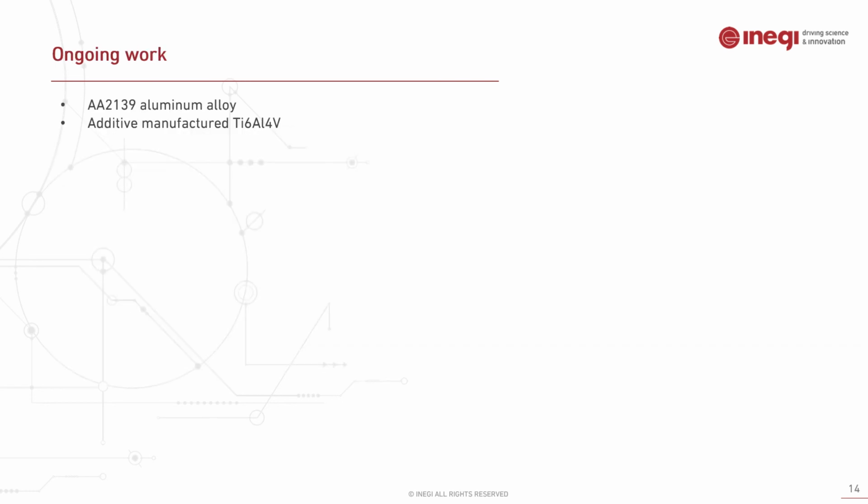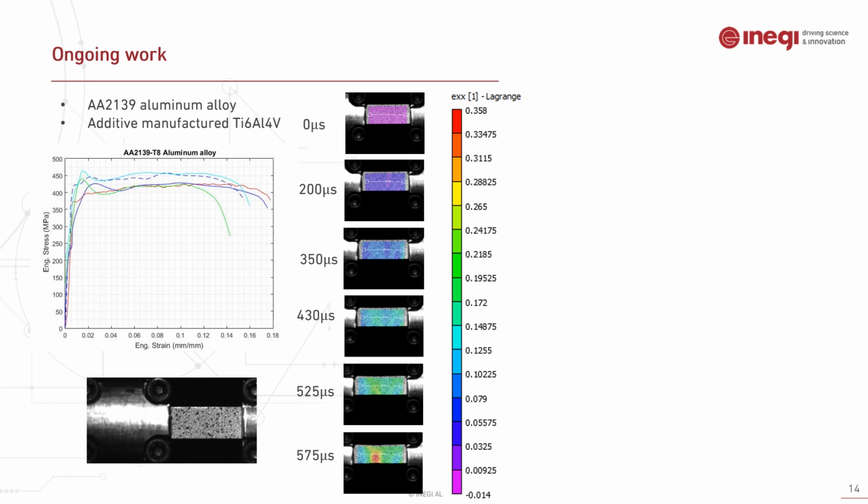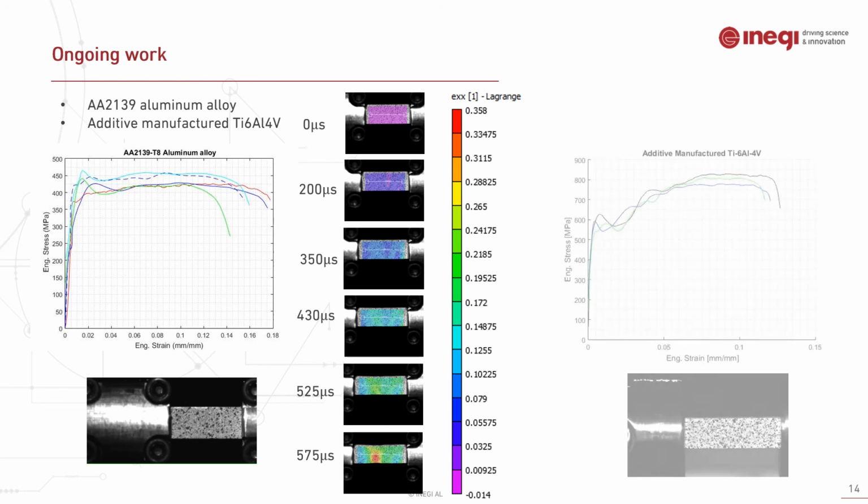So we expanded the work to two different materials, 2139 aluminum and additive manufactured specimens. In the case of aluminum, we performed the experiments at a strain rate of around 300 with an impact velocity of 7.5 meters per second. You can see the stress strain behavior inside.